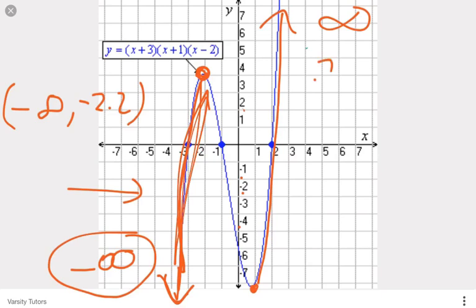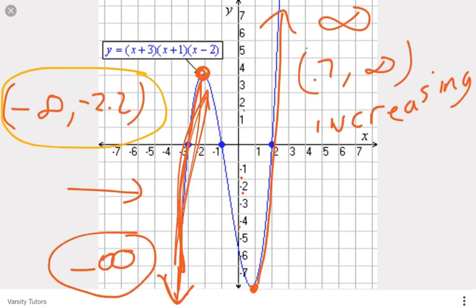So I know from 0.7 to +infinity, and that's how we show it with parentheses like intervals, guys, is where it is increasing, okay? So again, from -infinity to -2.2 for x, do you agree? Right in here, it's going up. Likewise, from 0.7 for x up to +infinity is increasing as well. And in those two intervals, it is increasing.